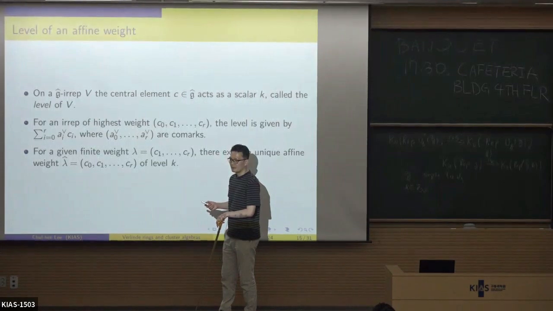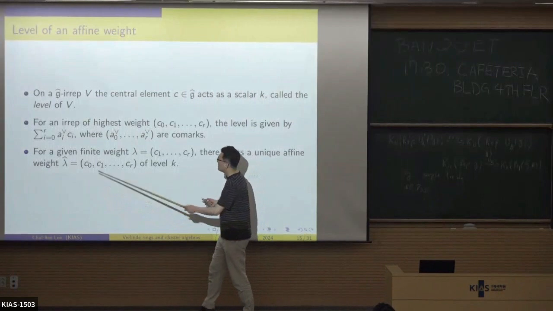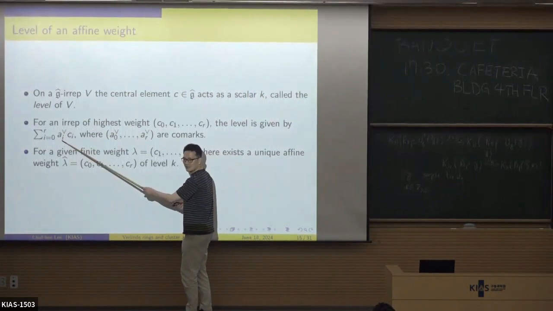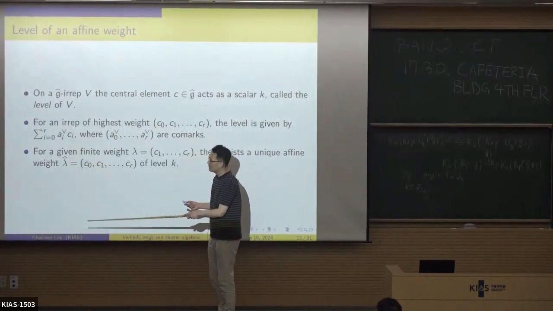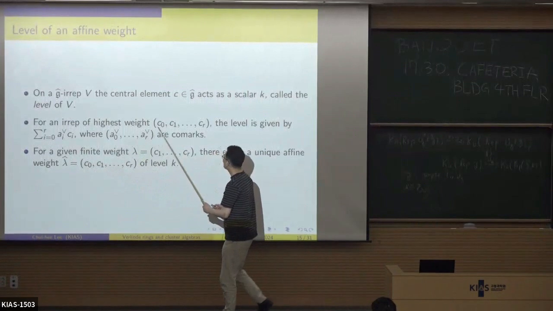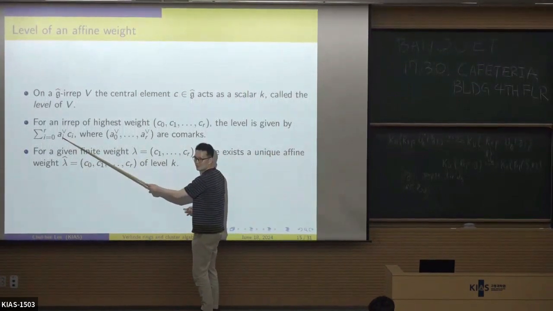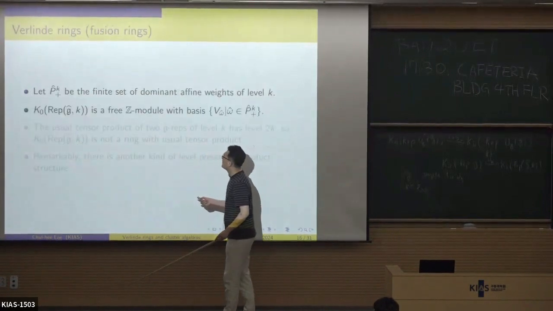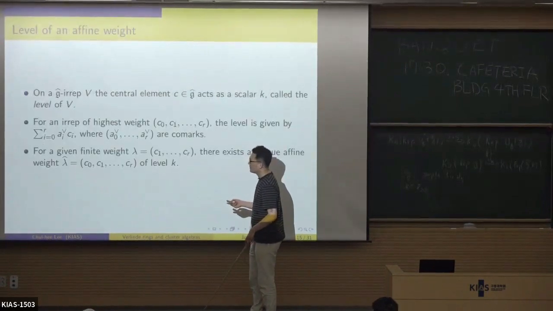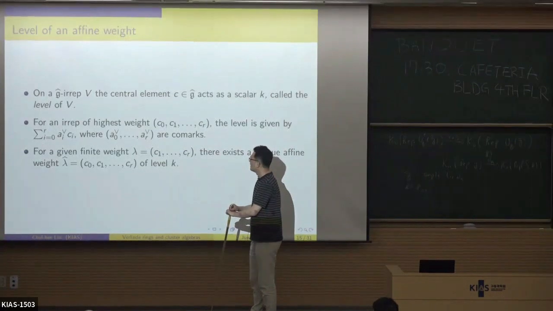These are integers, so every k can be represented by some c_i. These a_j, a_0 is 1.